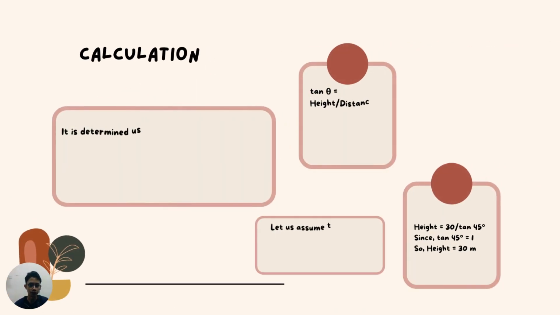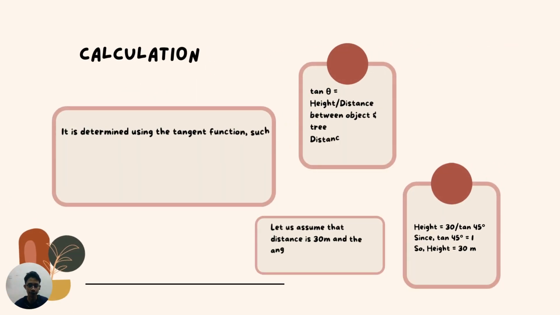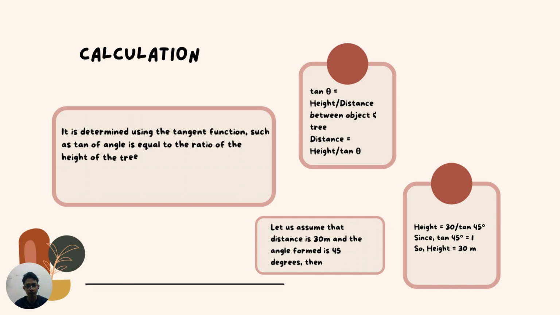As you can see, this is the calculation for the example. We use tangent, which is height over the distance between the object and the tree. The height is the distance times tangent theta. It is determined using the tangent function, such that the tangent of the angle is equal to the ratio of the height of the tree and the distance.